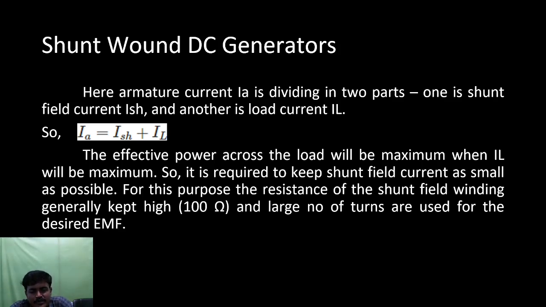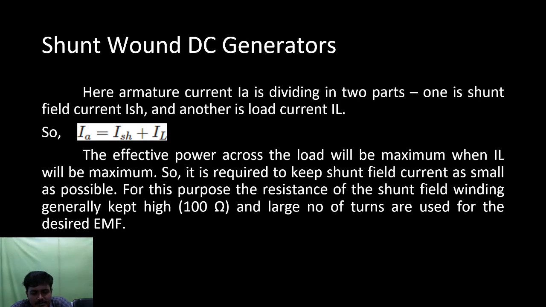So the effective power across the load will be maximum when the shunt field current is as small as possible. So in order to get the maximum power value, we keep the shunt field current as small as possible.